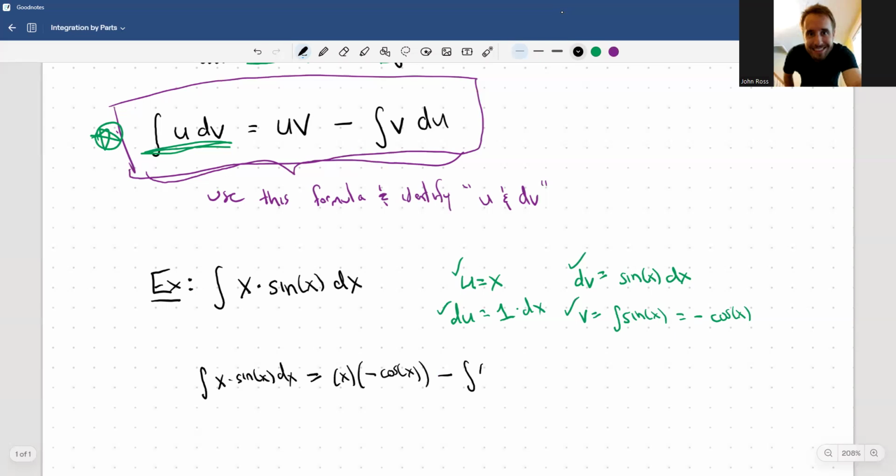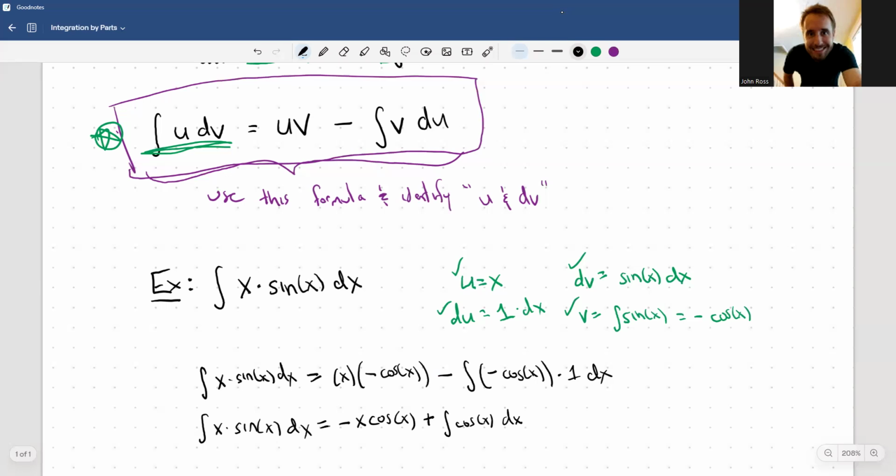So that's minus an integral of negative cosine of x du, which is just 1 dx. And so we get an answer for our original integral that has, at least for the moment, another integral in it. So rewriting this, this is just negative x cos x minus a negative integral of cosine.